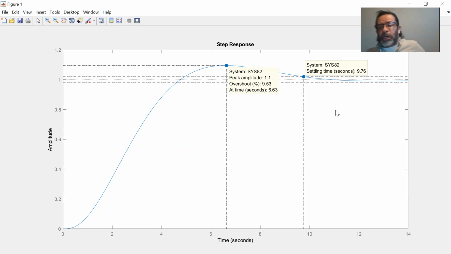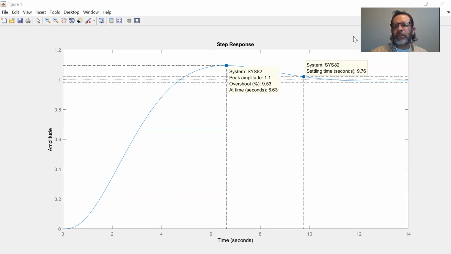But at least with regards to some of the parameters that have to do with the damping and the overshoot, the root locus can give me an idea of how to find values for the system that can be used for design.